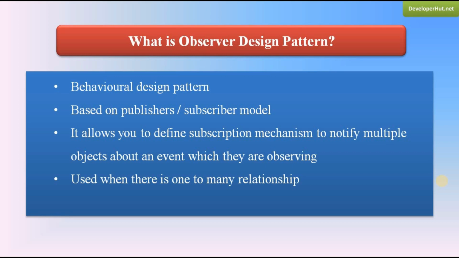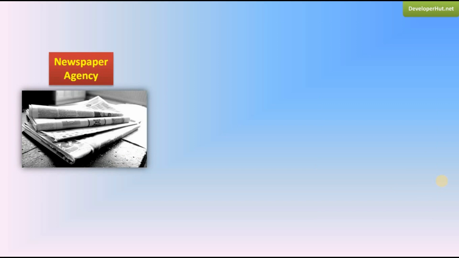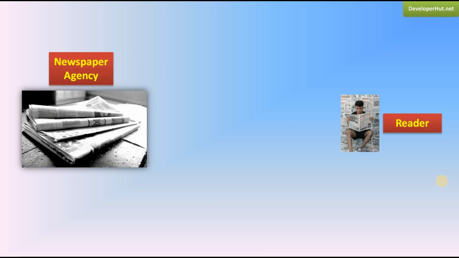Now let's understand how the observer design pattern works. Let's say you are the owner of a newspaper agency. The newspaper agency gets newspapers from multiple vendors, a bulk of newspapers each day. And once they get the newspapers, they start delivering them to particular readers.